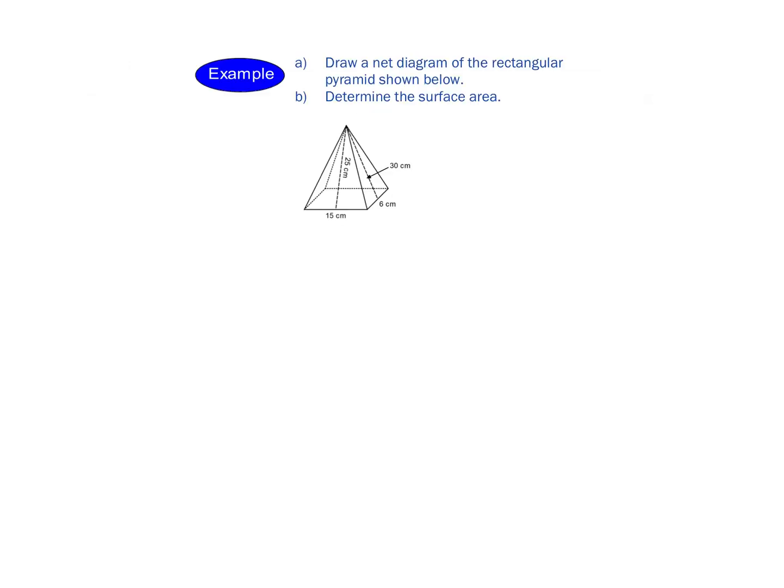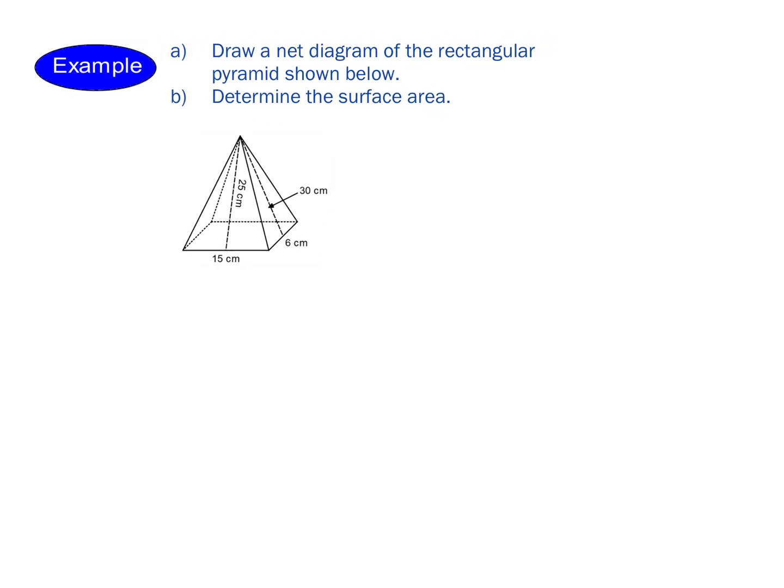So let's go ahead and draw a net diagram of this rectangular pyramid and then figure out the surface area. So here, we're just going to draw a rectangle. Here's our rectangle right here. Then we're going to go in and draw our triangles.